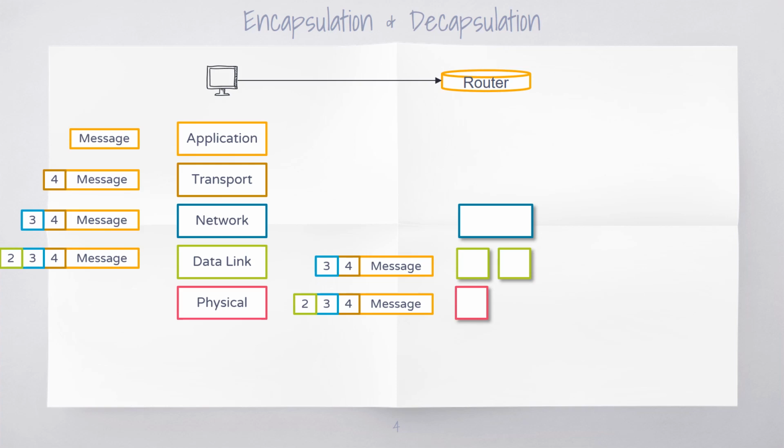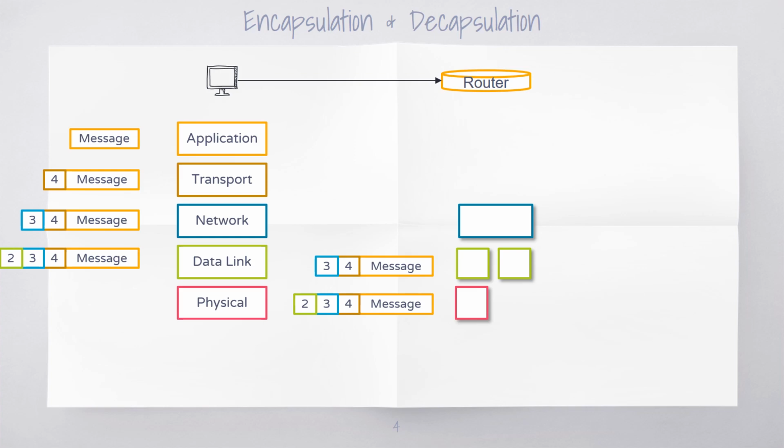Now the link layer address that is added here will be different, because the link layer establishes a connection between the current host and the next host only.